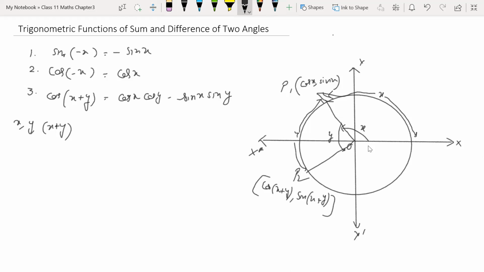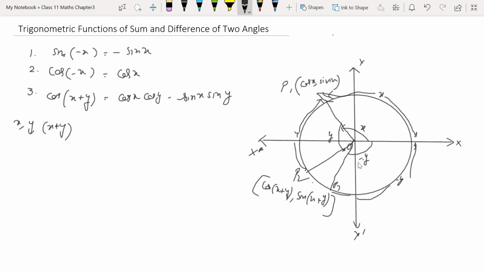Now draw a negative angle from here, minus y. This is a negative angle, and let's draw a point P3.